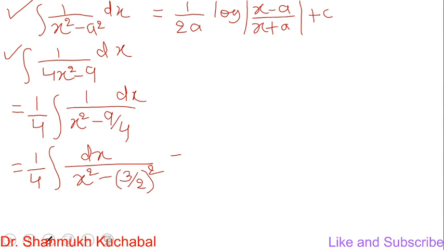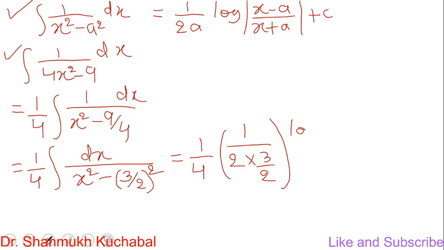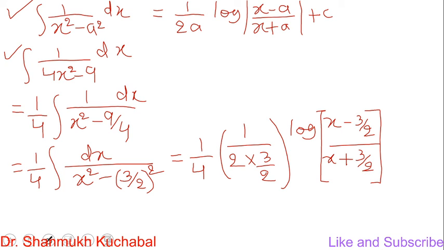So apply the formula: 1 by 4 as it is, 1 upon 2a, it is 2 as it is, a is 3 by 2, it is 3 divided by 2. I will close this, log of x minus a, 3 divided by 2, divided by x plus 3 by 2, and the constant of integration we have to take as c.